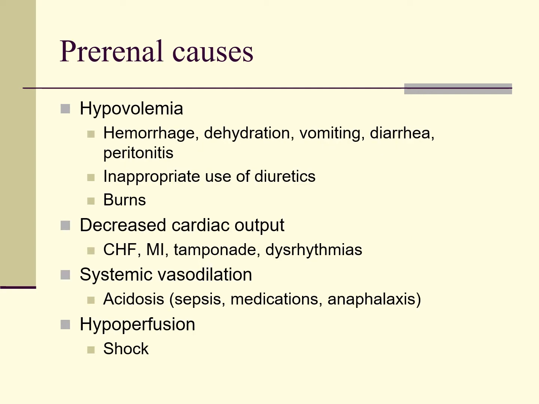So let's look more specifically. I said that pre-renal was typically related to cardiac output or hypovolemia. So you see the causes there. It can be excess or inappropriate use of diuretics. Burns cause a lot of hypovolemia, as the individual is losing fluids because their skin and their protection is gone to prevent dehydration.